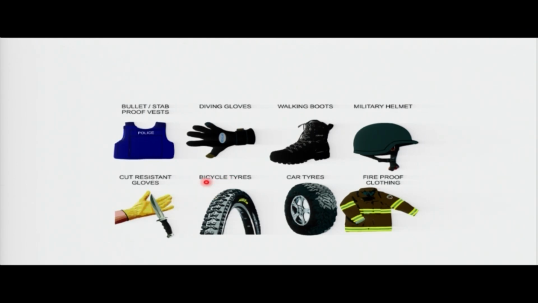We can also have bicycle tires, especially the bicycles used in racing. Normally the tires are made out of Kevlar, very strong, even car tires. Some of the car tires can be made out of Kevlar, very strong. We also have here the fireproof clothing, which is normally worn by firefighters when they go in to do their job.